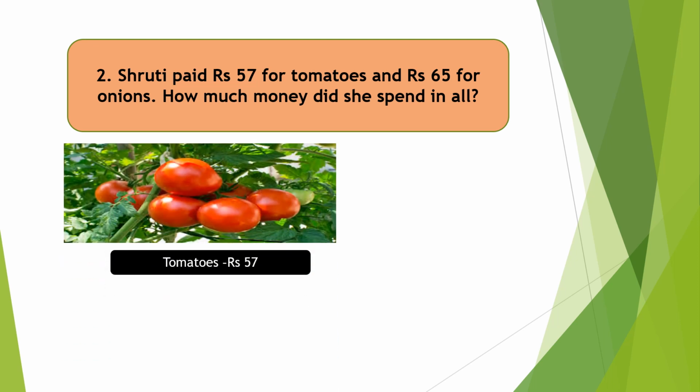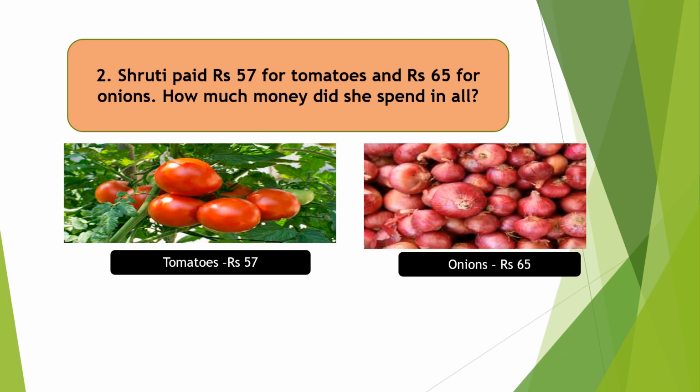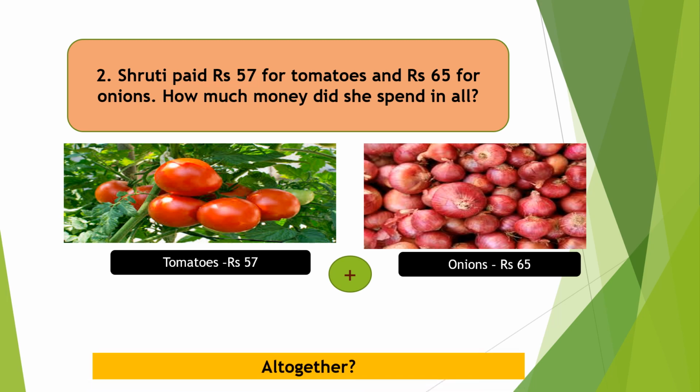So we know Shruti purchased tomatoes and how much rupees she spent? 57 rupees. Again what she purchased? Onions. How much she spent? Rupees 65. So, all together, how much money did she spend? What you need to do? You need to add tomatoes amount plus onions amount.